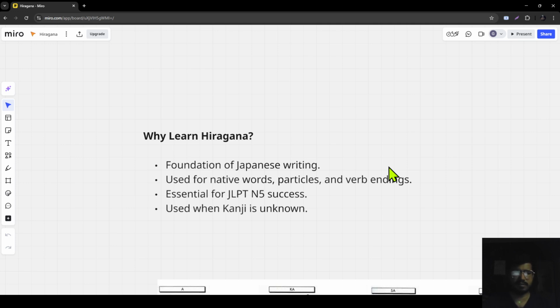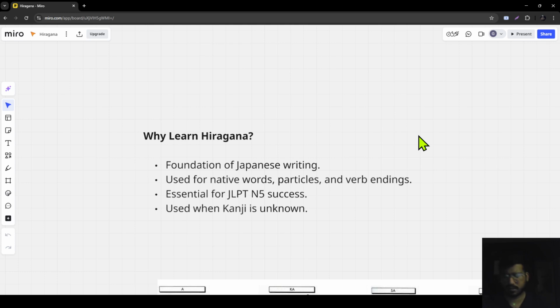Most of the time it is used for native words, particles, and verb endings. For JLPT N5, it is one of the most important things you should know, without which you can't even score. I don't think you can even score 5 marks out of 180 in JLPT, right?